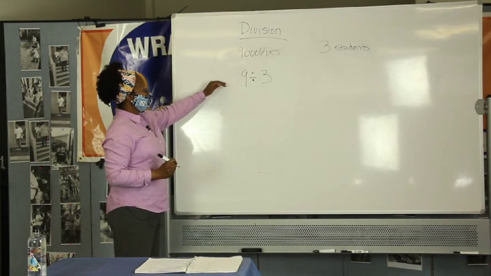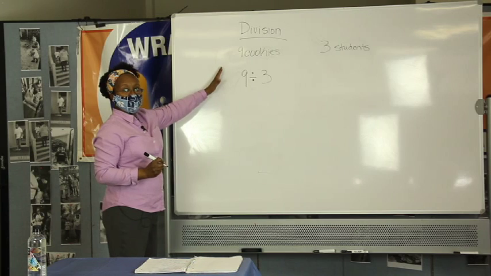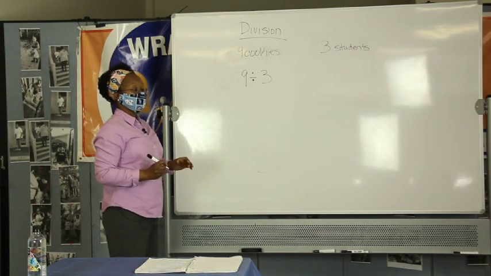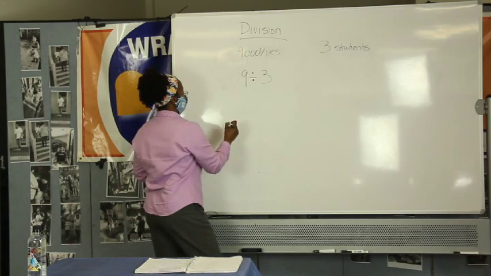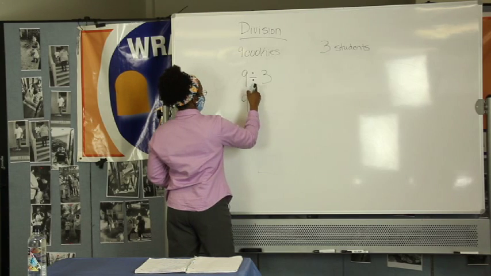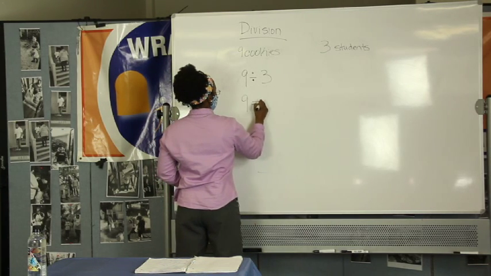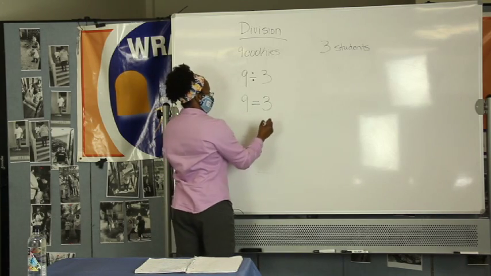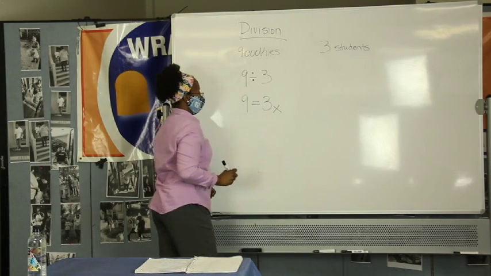So instead of doing division right now, we're going to reverse it to multiplication because I want you to see the relationship between the two. 9, instead of the division, we're going to do an equal sign and put the 3 there, and now it becomes multiplication.